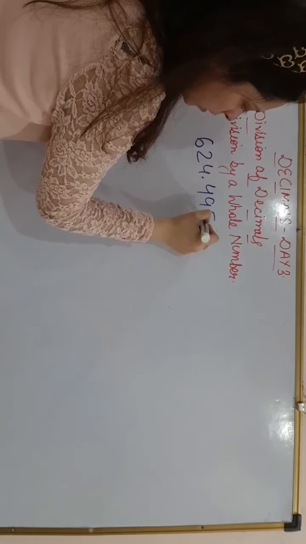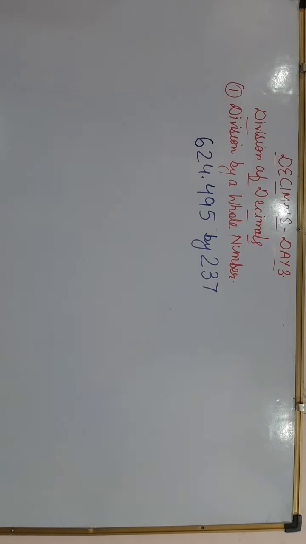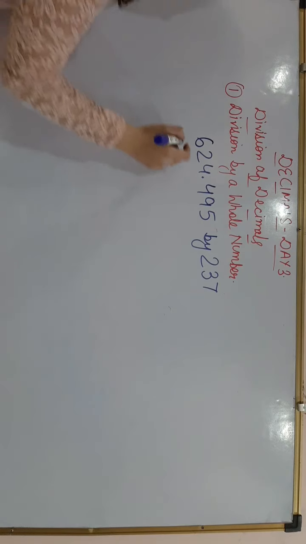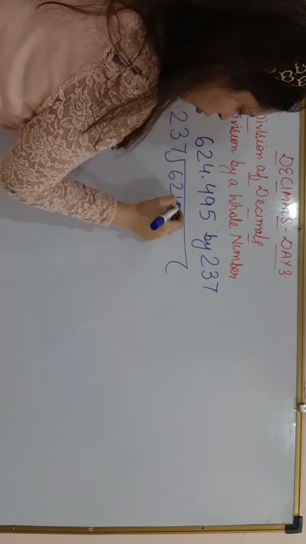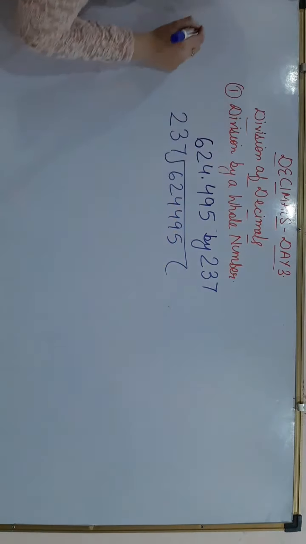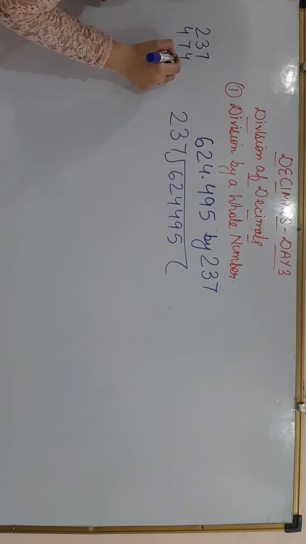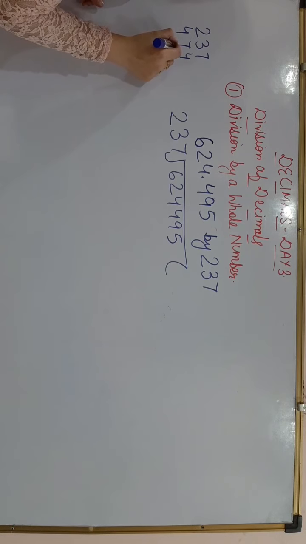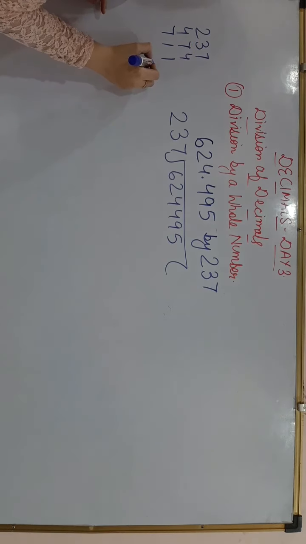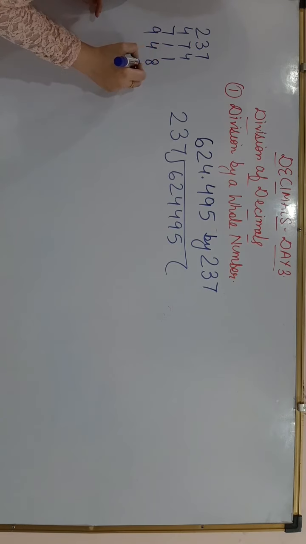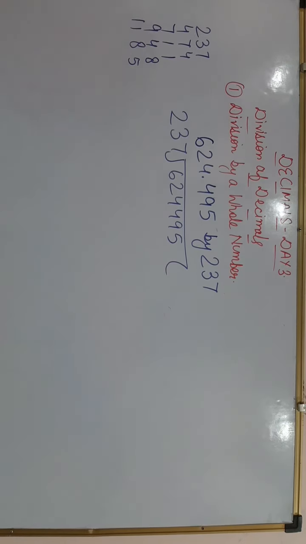The question is 624.495 divided by 237. So write down the division first, 237 and then 624.495. Yes, let's divide.